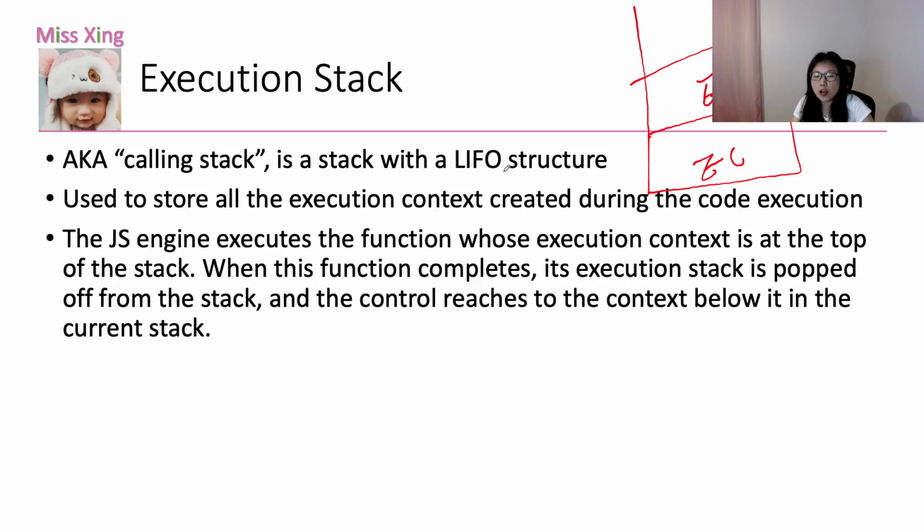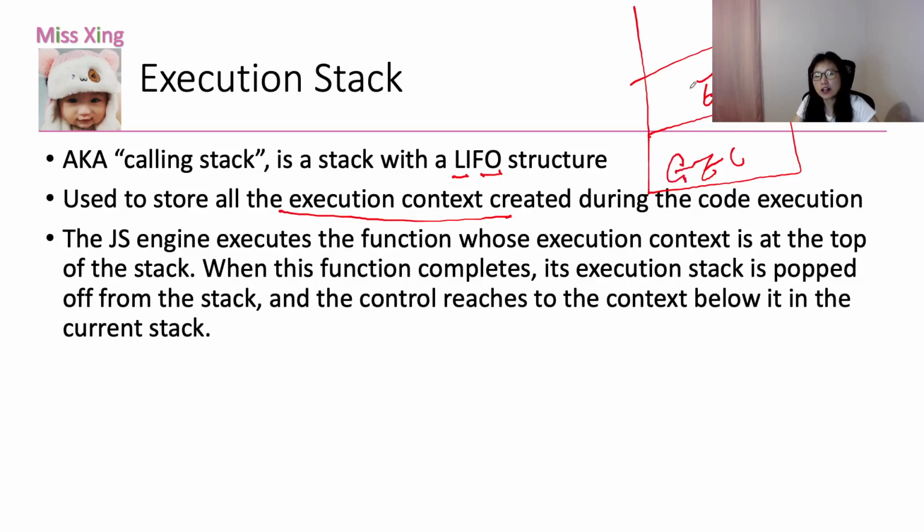It's a stack structure with last in, first out. It's used to store all the execution contexts created during code execution, and here that means global and function ones. The JavaScript engine will execute the function whose execution context is at the top of the stack because it's last in, first out. So at the bottom, you're going to have global.